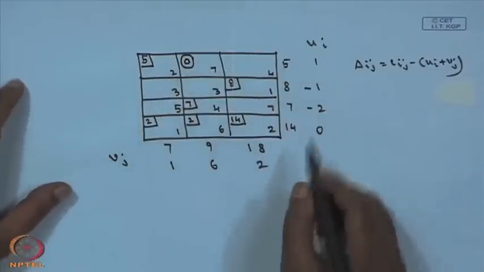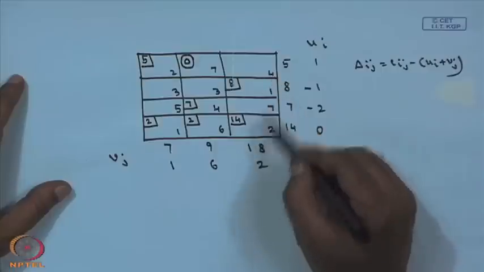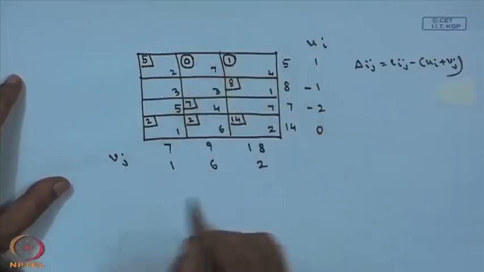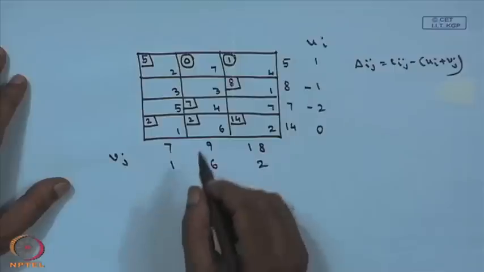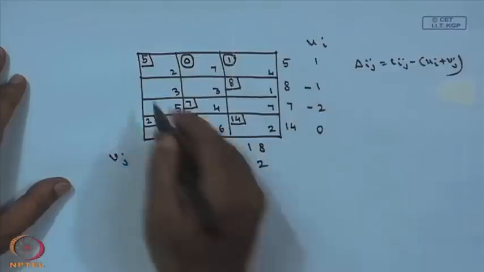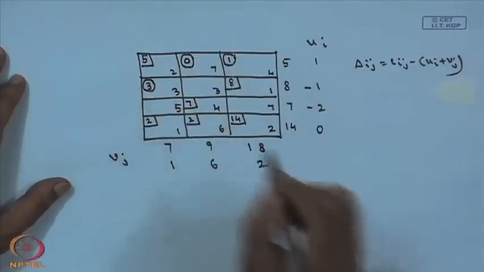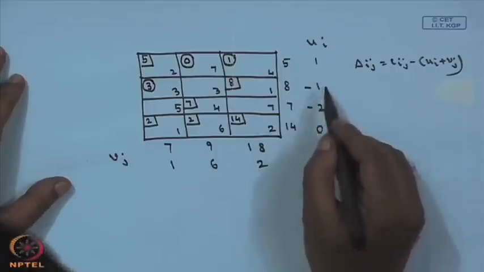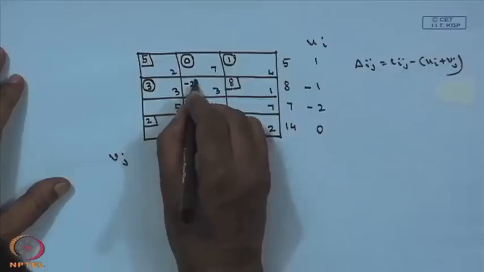For the next one, 4 minus 2 plus 1, that is equal to 1. I am showing for this one, next examples I will not show. I will directly write down, this is 3 minus 1 minus 1, so this will be remaining 3. This is 3 minus 6 minus 1, so it is becoming minus 2.